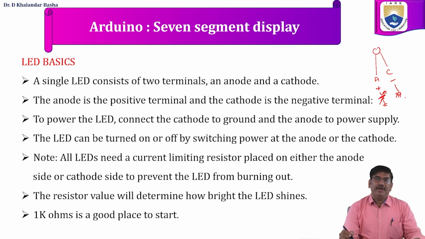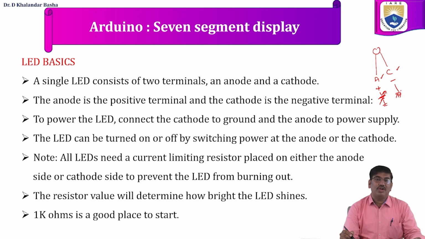The LED can be turned on or off by switching the power supply at anode or cathode. So all LEDs need a current limiting resistance placed in either the anode side or cathode side. It is to prevent the LED from burning out.